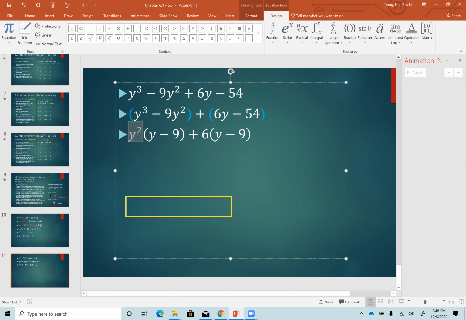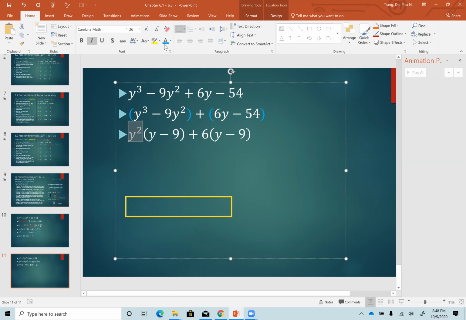I factor out y to the second power. And I factor out a 6 on the second item.